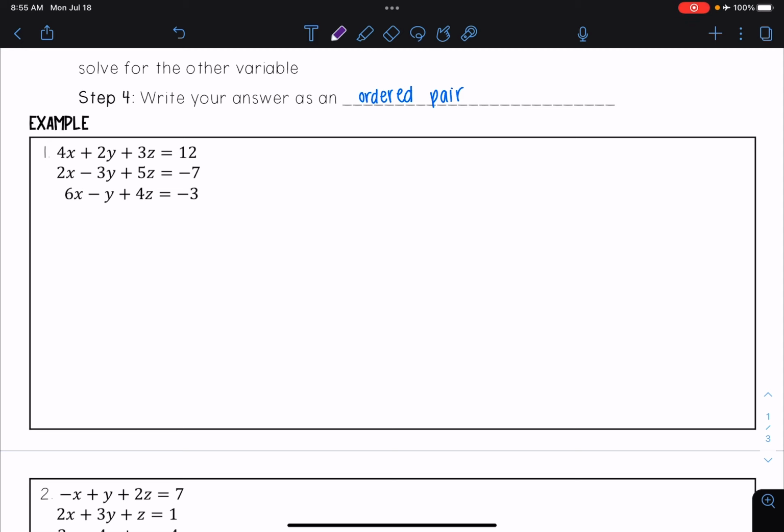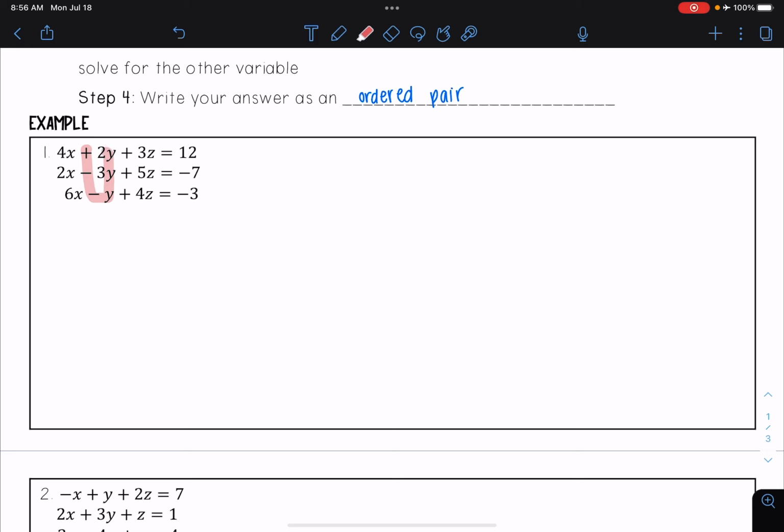So our first step to solve this system is that we want to eliminate one of these variables, and I'm going to do it by elimination. You first want to see which of the three variables would be the easiest to eliminate.